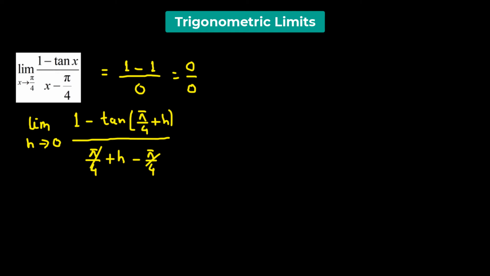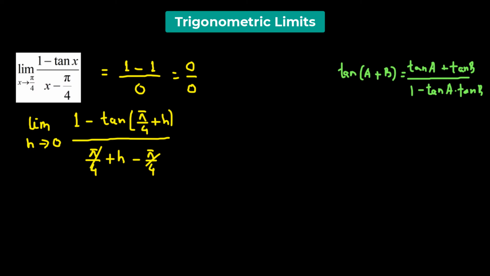Also, we have tangent of a plus b equals tangent of a plus tangent of b, divided by 1 minus tangent of a times tangent of b. So we're going to expand tangent of π/4 plus h using this identity.